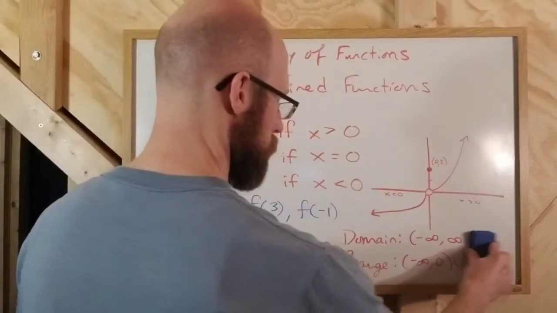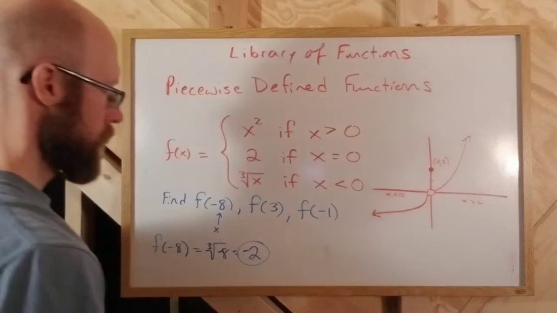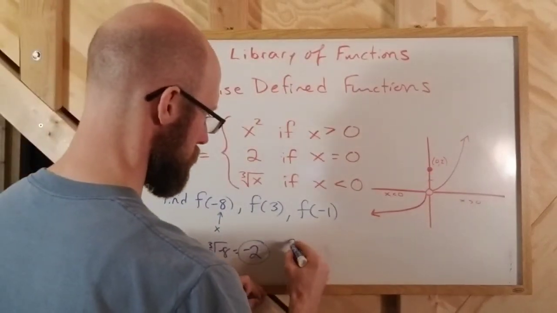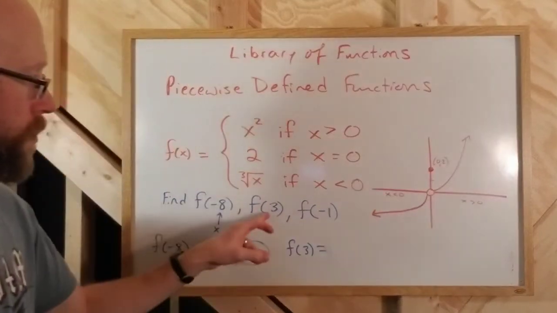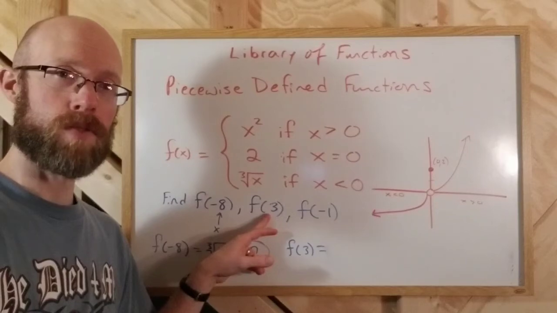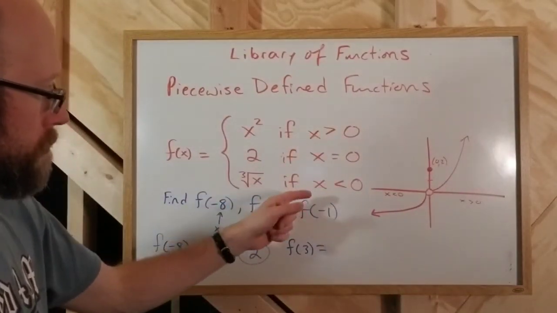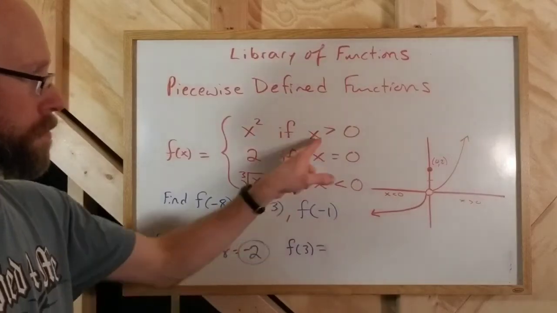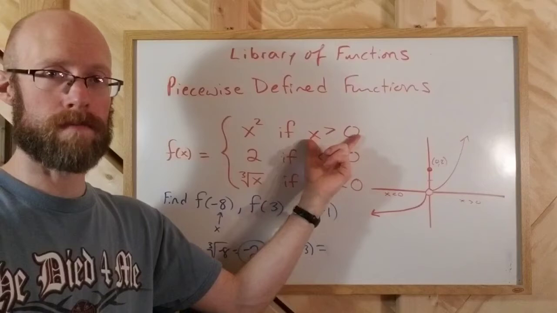Let's get rid of the domain and range for a moment, so I have some space here. If I wanted to find f of 3, well, again, 3 is the input, the x value. So I need to put that in and find where it goes. 3 is a positive number. It's greater than 0. So it's going to go in this top region.